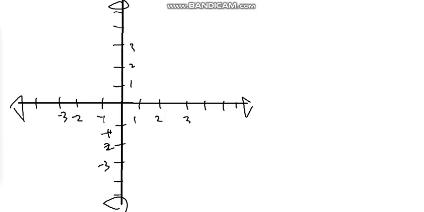You get the idea. If I had a graph that looked like this, we get a line. What would be the domain and what would be the range?